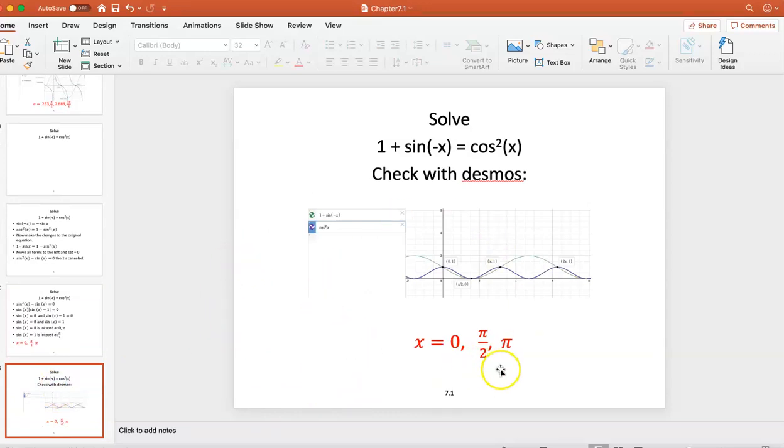If we test this with Desmos, we see that the intersections are at 0, pi over 2, and at pi. 2 pi would be the same thing as 0, so you don't label it. It's always 0 instead of 2 pi.